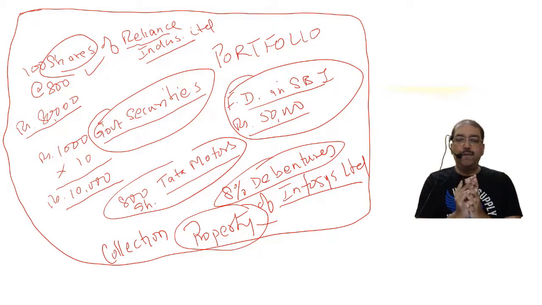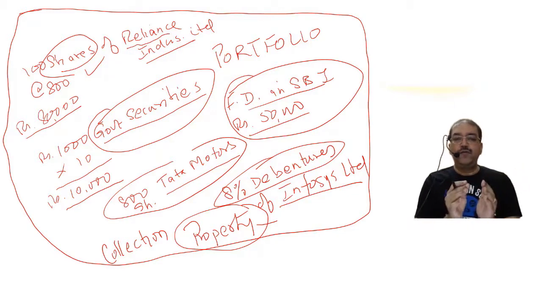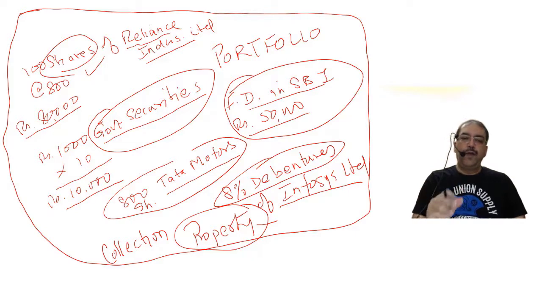So what is a portfolio? A portfolio is a collection of shares, debentures, bonds, fixed deposit, public deposits, mutual funds, property, assets, financial assets, any other financial asset. Okay, it refers to a basket of assets or investments. So it is like a basket of assets. So whenever I'm talking about a portfolio, what do I mean?